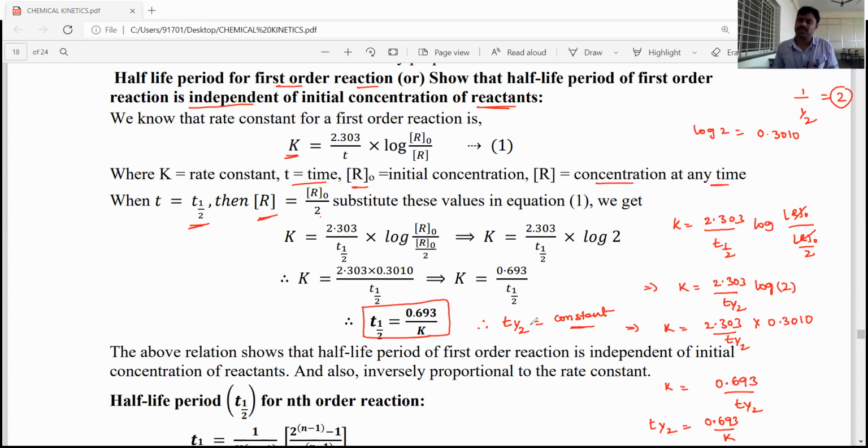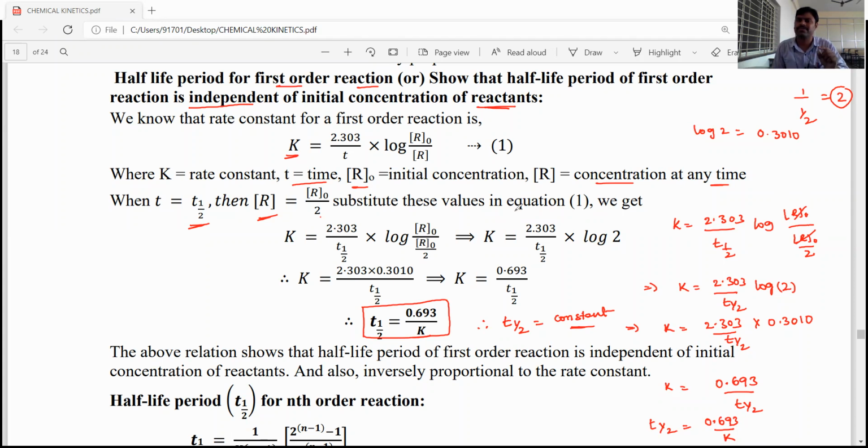So what is the equation for half-life period for a first order reaction, dear students? t half is equal to 0.693 by K. Here 0.693 is a constant and K is also constant. That's why t half is equal to a constant. So it indicates that the half-life period for a first order reaction is independent of the initial concentration of reactants. That also we proved.